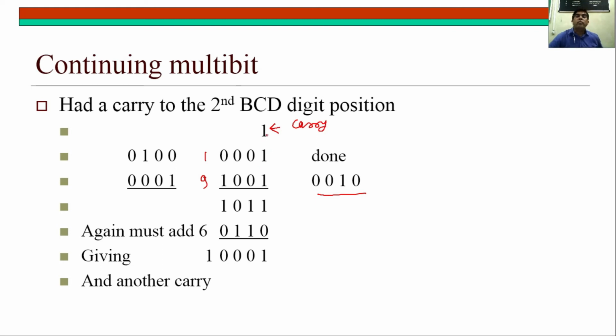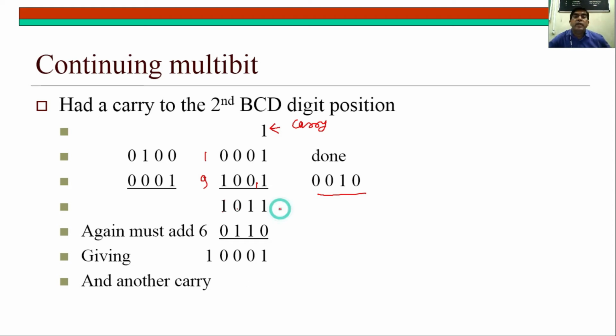So you add now 1 plus 1 plus 1. 3 means 1 and carry 1. So here 0 plus 0 plus 1 is 1. 0 plus 0 is 0. 0 plus 1 is 1. What is this? 1, 0, 1, 1. 13. I know 13 in binary, but it is not a valid BCD code.